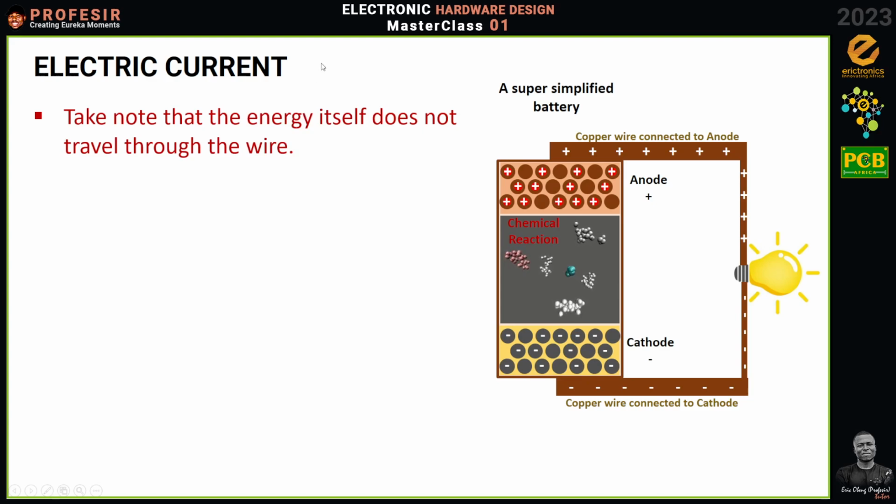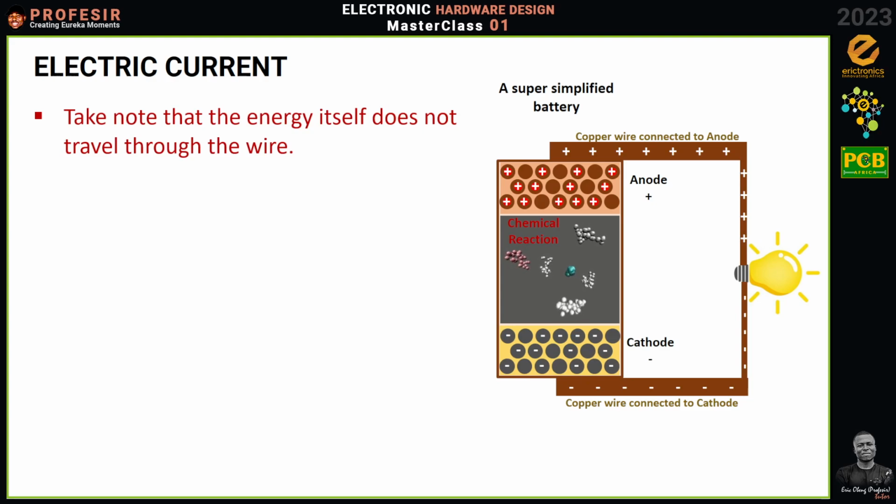Actually, the energy flows around the wires, because the energy we are talking about is electromagnetic in nature. It doesn't flow through the wires. The energy flows through the spaces around the wires. Basically, the wires just serve as a waveguide.